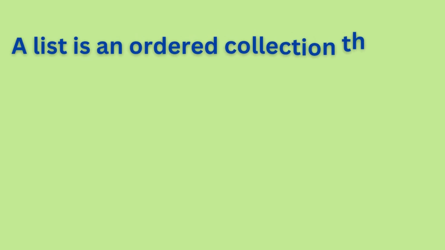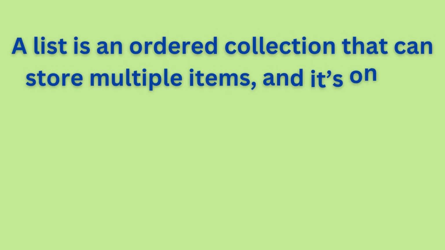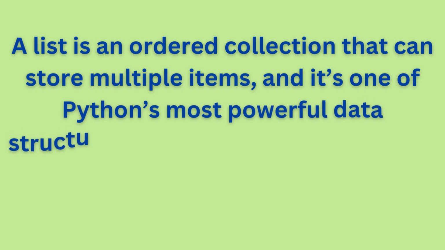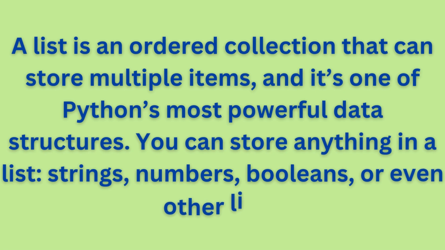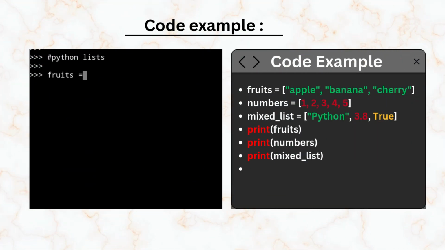A list is an ordered collection that can store multiple items, and it's one of Python's most powerful data structures. You can store anything in a list: strings, numbers, booleans, or even other lists. Here's a basic example of how to create a list in Python.